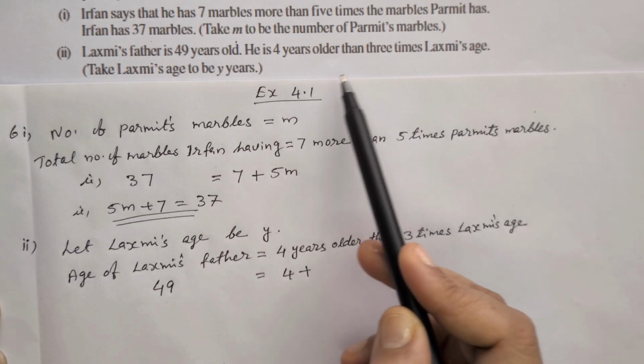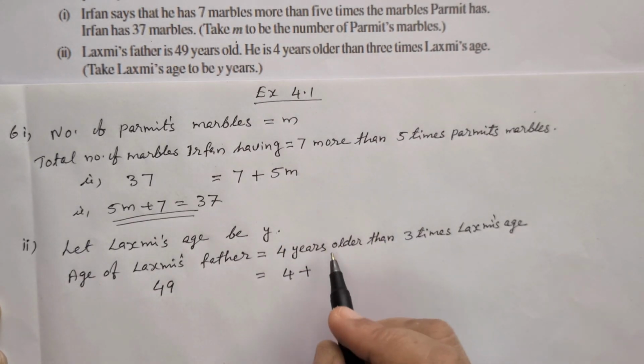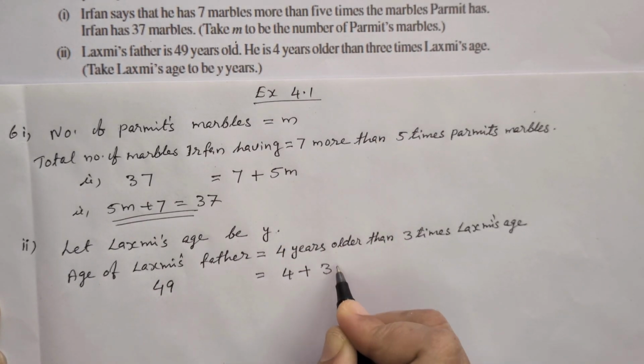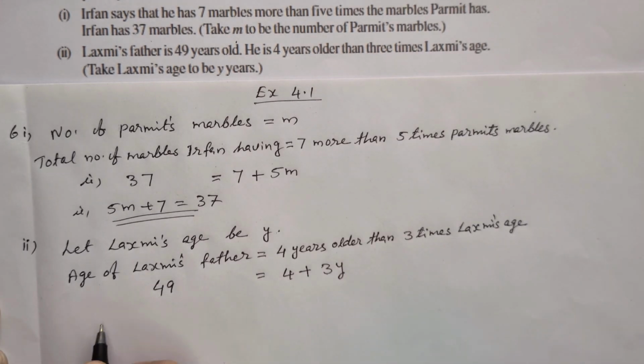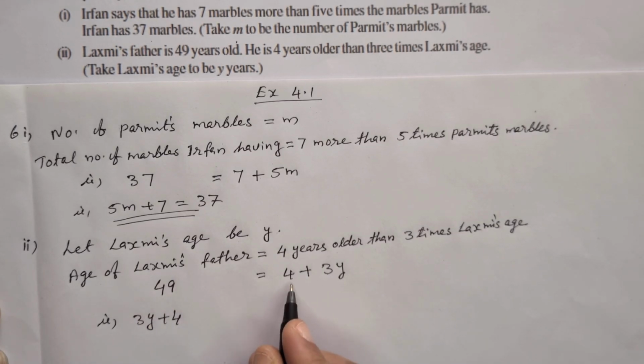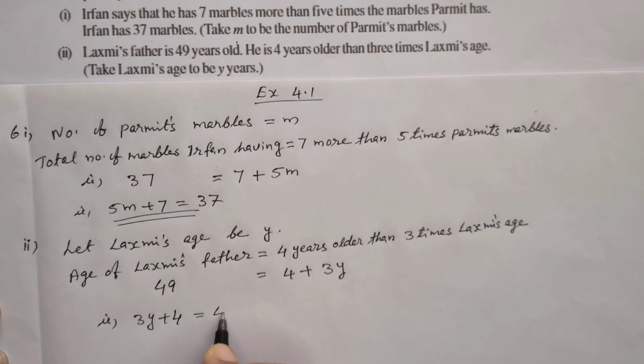Lakshmi's age we already took as y. So 3 times Lakshmi's age means 3 into y, 3y. This we can rewrite as 3y plus 4 equals to, changing the side, 3y plus 4 is equal to 49.